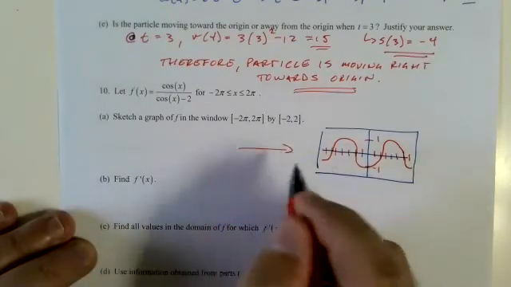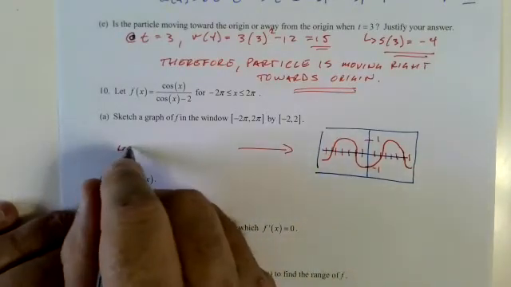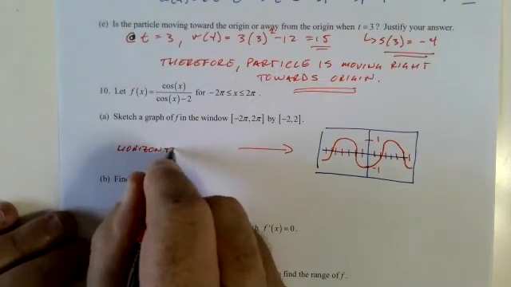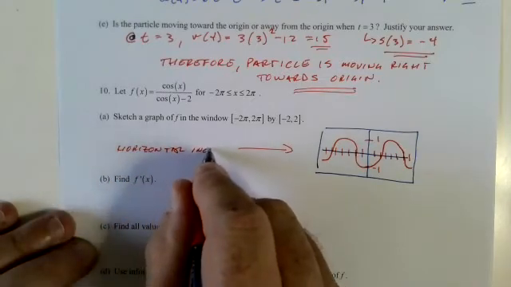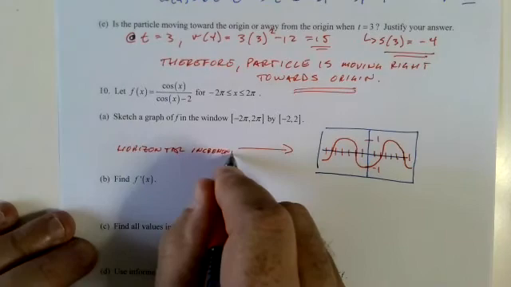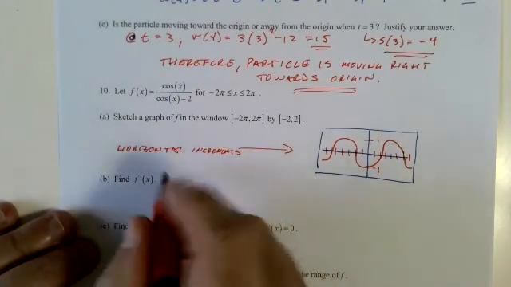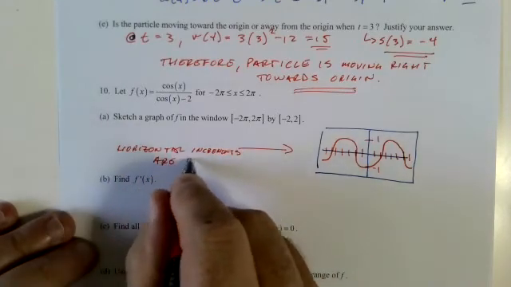Okay, in case you're wondering, the horizontal increments are pi over 4.